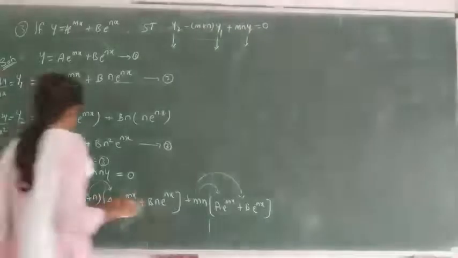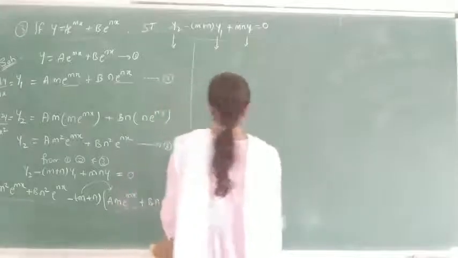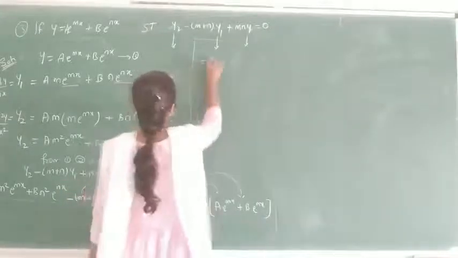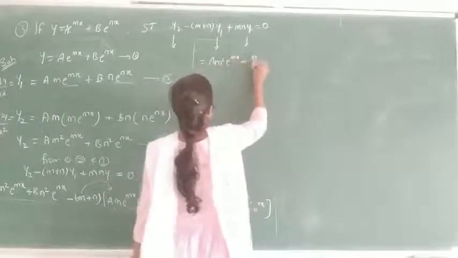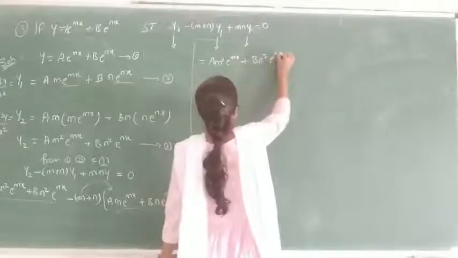I'll write it here. First, that is a m square into e power mx plus b n square into e power nx.